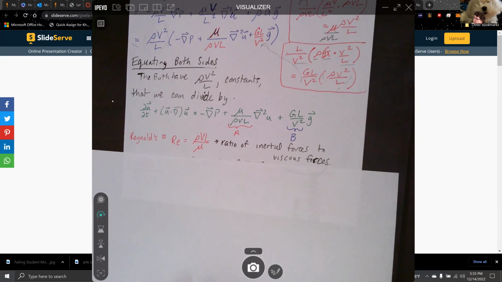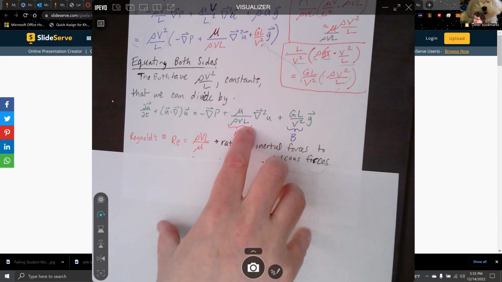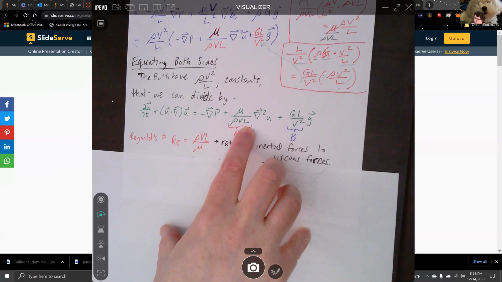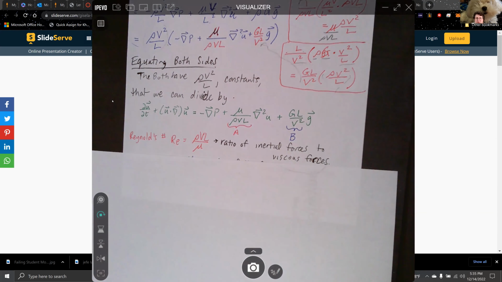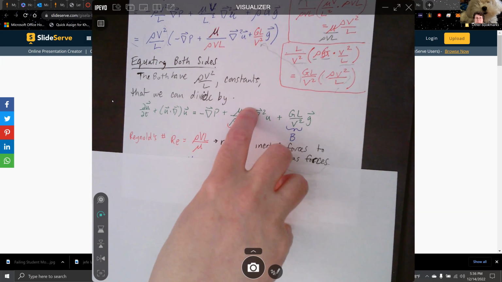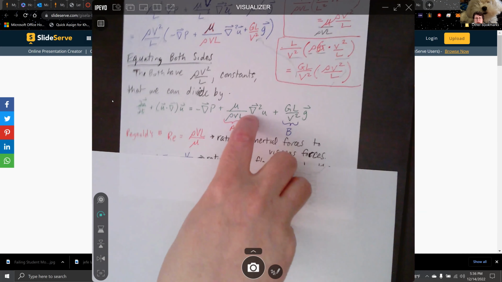If I flip it over, rho VL over mu, this is called the Reynolds number. It is the ratio of inertial forces to viscous forces. So rho VL is our inertial forces. Mu was dynamic viscosity. So we can see how that's a ratio.